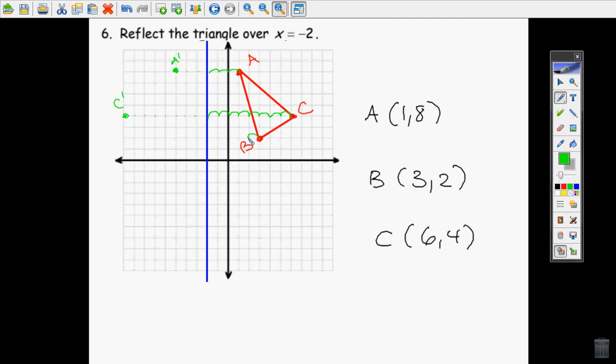And then this is 1, 2, 3, 4, 5 here. And that is B prime. And so then I want to connect my dots. Again, this one's a little bit easier to see than the other one, but if I could actually fold it on that blue line, they would match up. They're mirror images of each other.